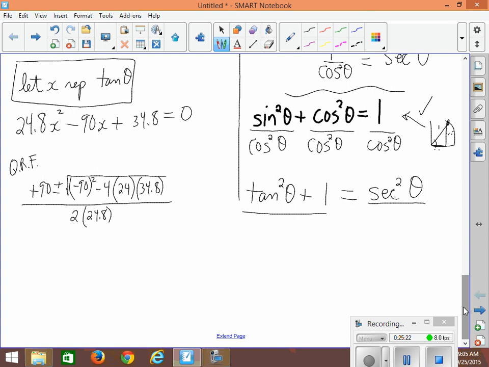Which becomes, now remember, the value of this is x, right? X equals. So we're figuring out what that x is, but that x is actually tan theta. We've got to keep that in mind. So let's keep on going.